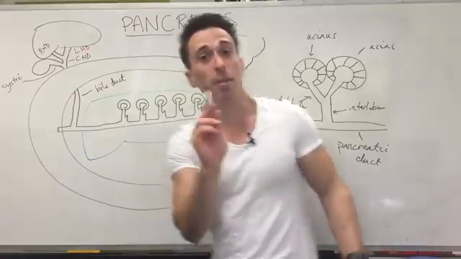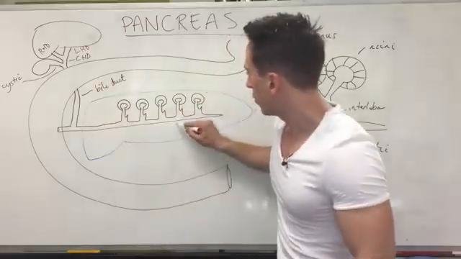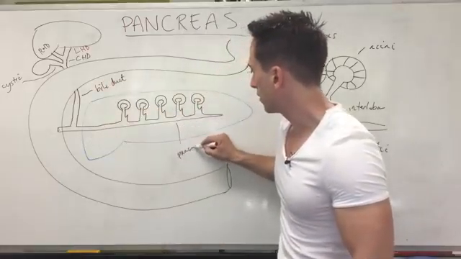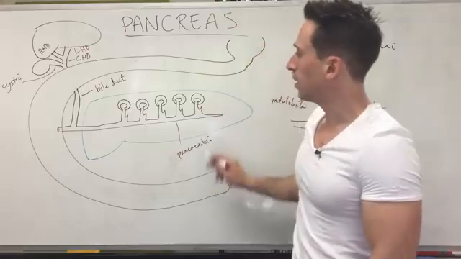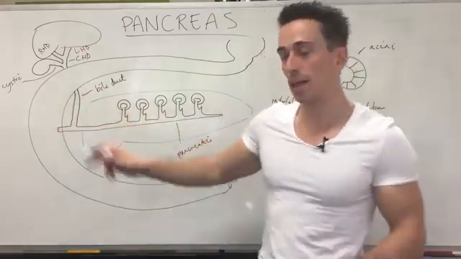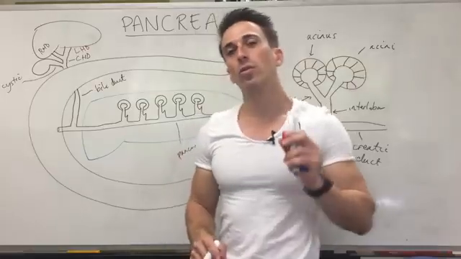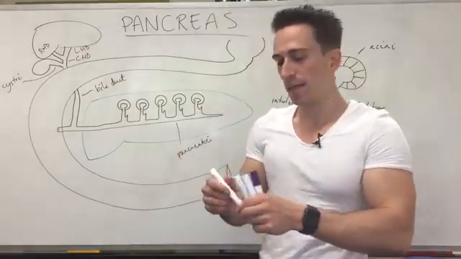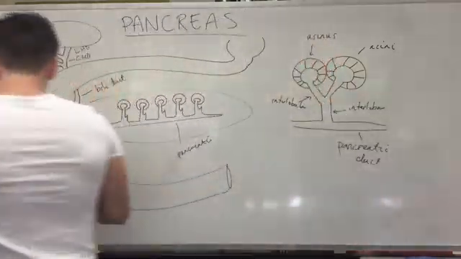Now you can see that the bile duct comes together with the pancreatic duct. There's so many ducts involved here. Pancreatic duct and bile duct come together, and they come together at what's called the ampulla of Vater. The ampulla of Vater. Let's highlight that.